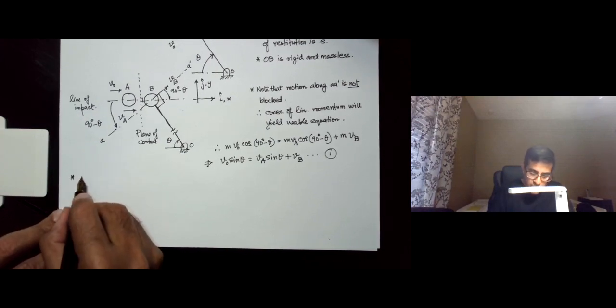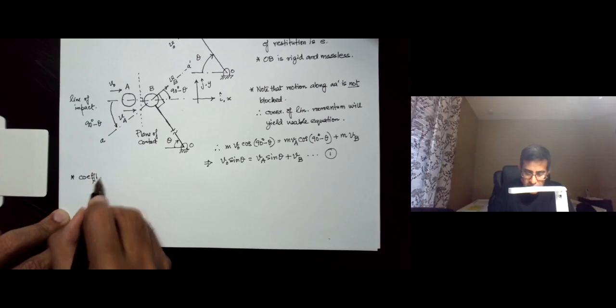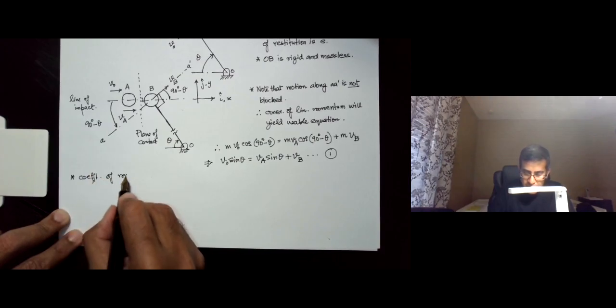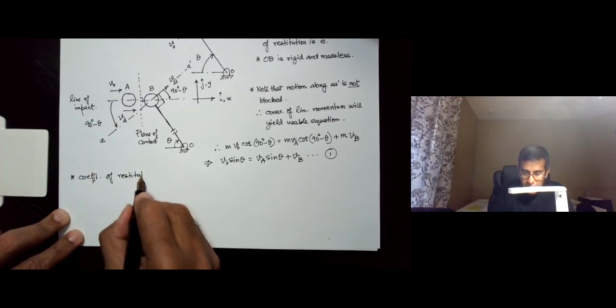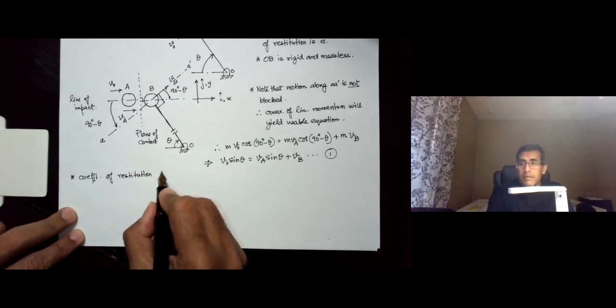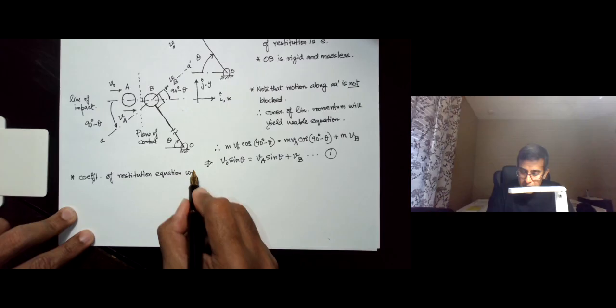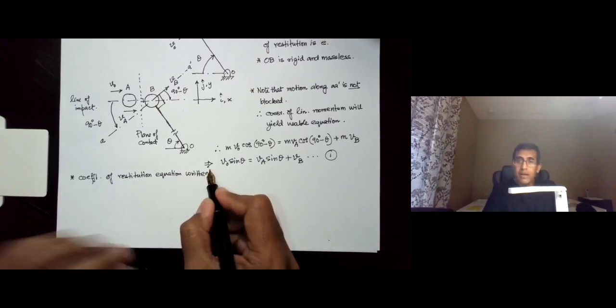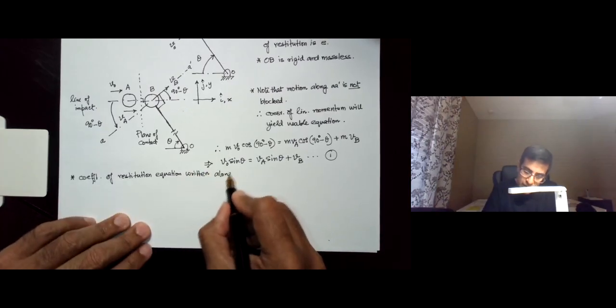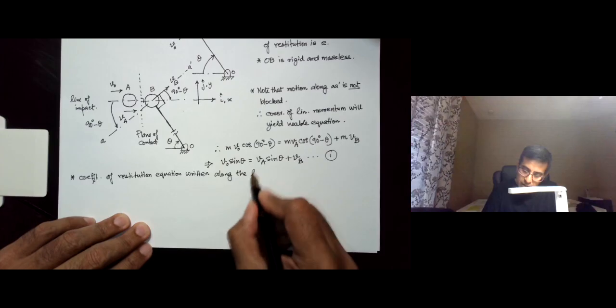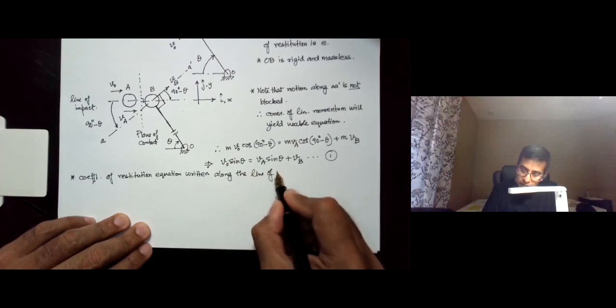So the coefficient of restitution equation is written along the line of impact.